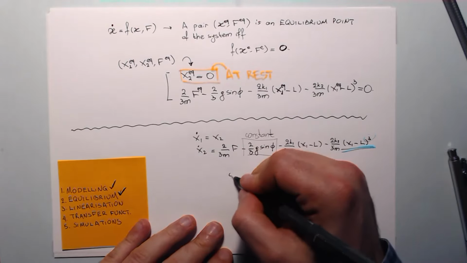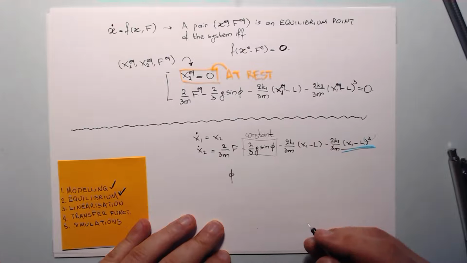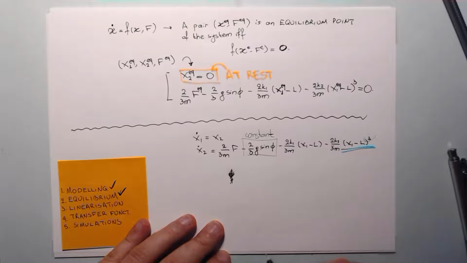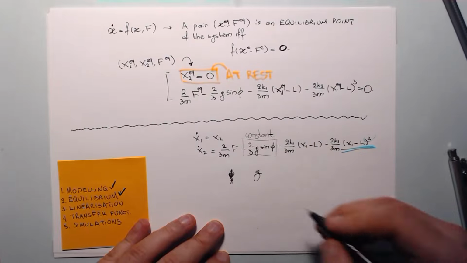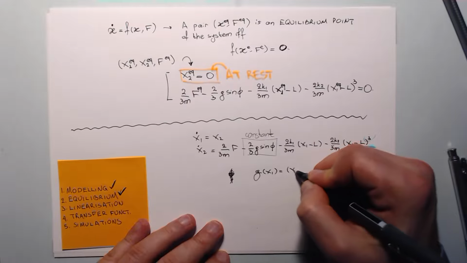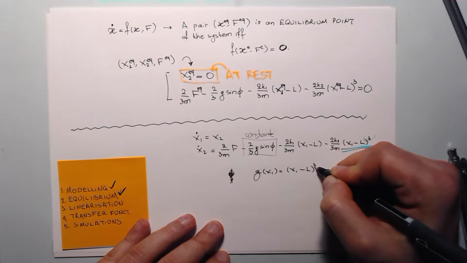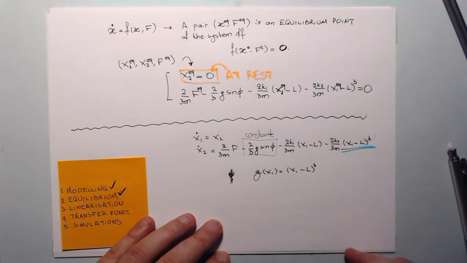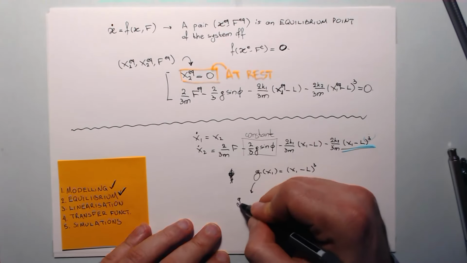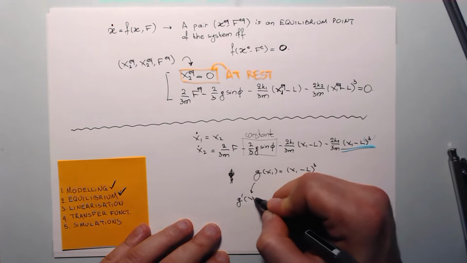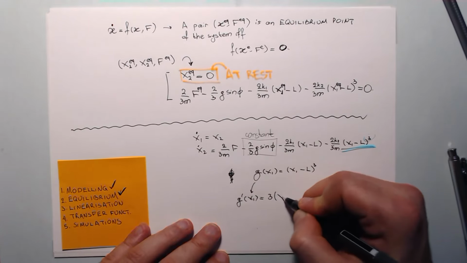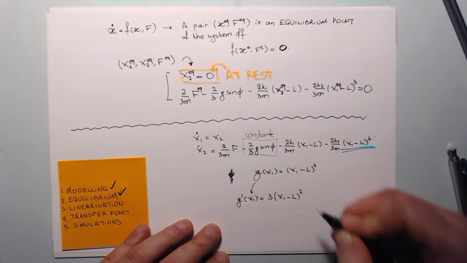So let's define the nonlinear function. Let's call, no, sorry, we cannot call it phi because this is the angle. Let's call it g of x1, which will be x1 minus L to the power 3. And let's linearize that. The linearization of that function is very easy. You know what we have to do. We have to determine the derivative, which is 3 times x1 minus L to the power 2.